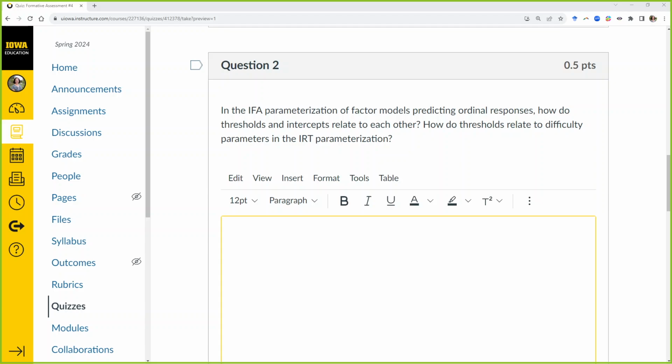And I think that we have not covered that yet. We started last time. Yes. So based on that, you can see the relationship that we can establish between the IFA parameterization and the IRT parameterization, similar to what we have done before, but now we are just replacing binary responses with ordinal ones. But virtually, we are talking about the same thing because we have submodels, we have thresholds or intercepts, we have difficulty parameters or factor slopes or factor loadings.